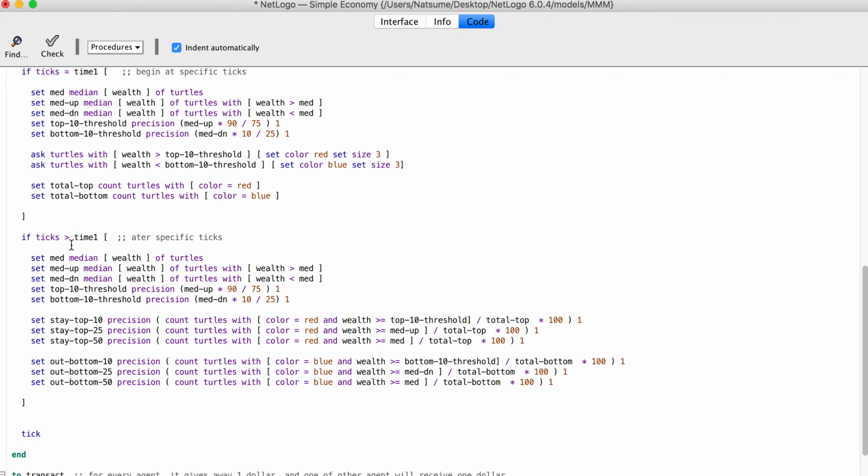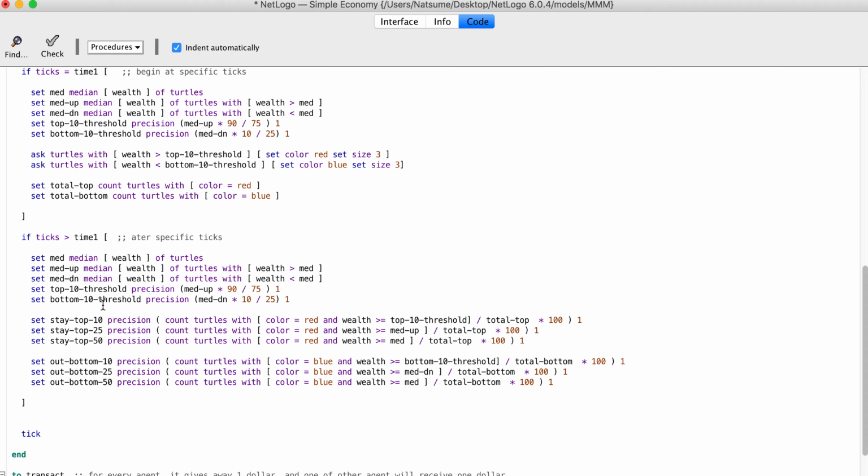And then after the ticks beyond 2,000, for every tick we will keep calculating the median, the top 25, the bottom 25, the top 10, the bottom 10 values.